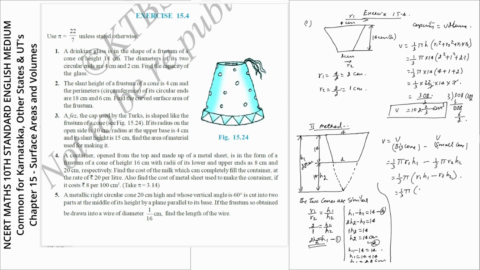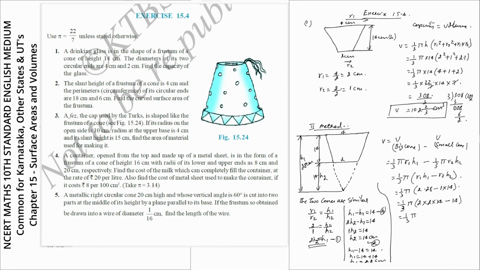So r1 is 2, h1 we got as 28, minus r2, what is r2? r2 is 1 into h2. h2 is 14. Okay, so here 1 by 3 into pi, so into 2. So 28 I can write as 2 into 14. 2 into 14 minus 1 into 14 is 14 only. So 1 by 3 pi.